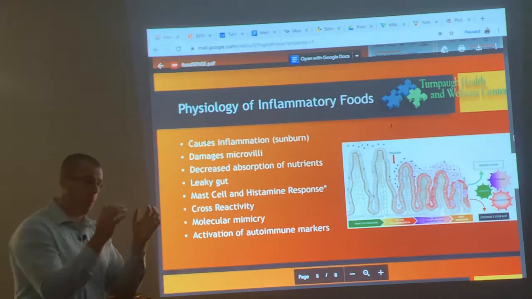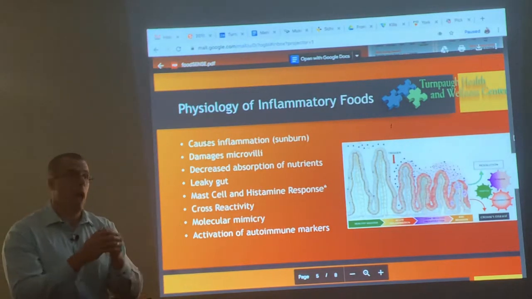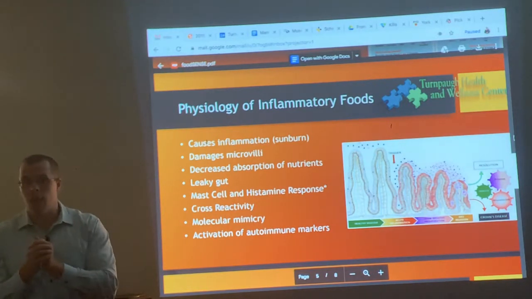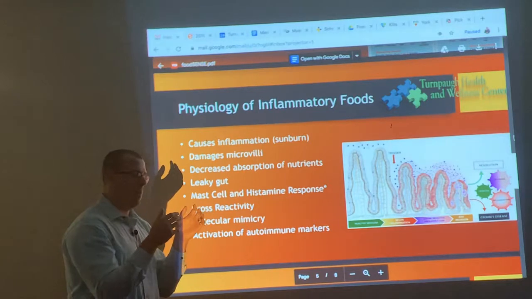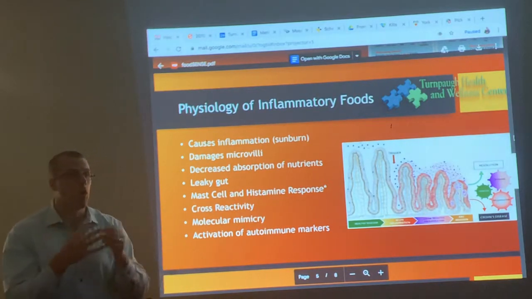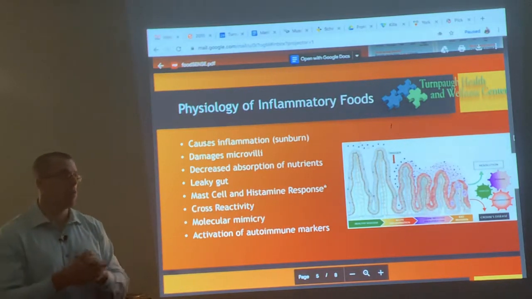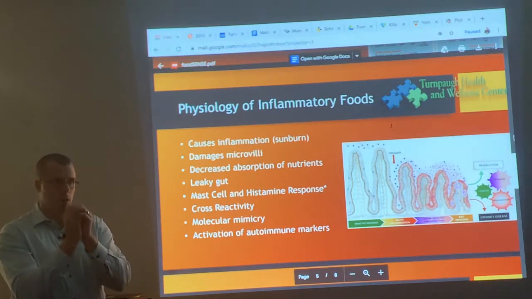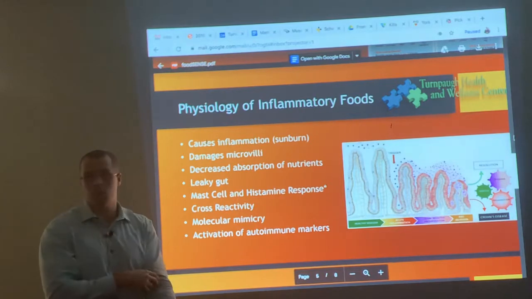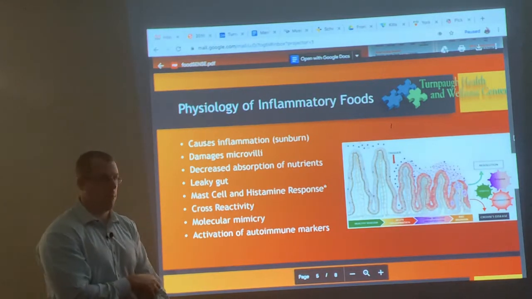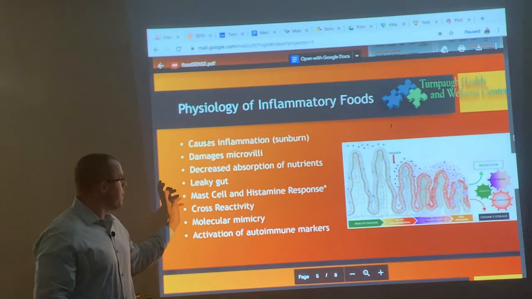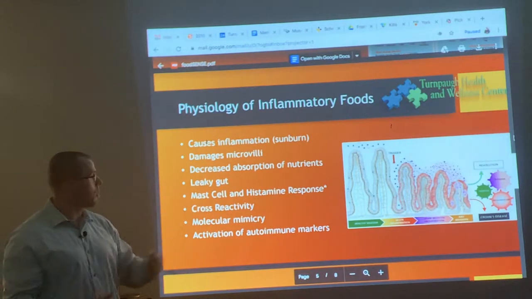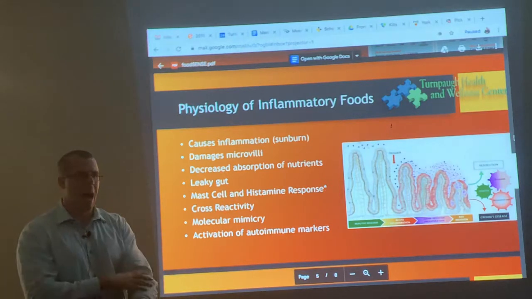Maybe we break down a protein to a 2 amino acid chain, or a carbohydrate to a 3 or 4 carbohydrate chain. The rate at which we break down our foods can affect what kind of stimulatory response we have in the immune system. So we have this release of food into the bloodstream, and we can produce this mast cell response. That's that hot hive response.